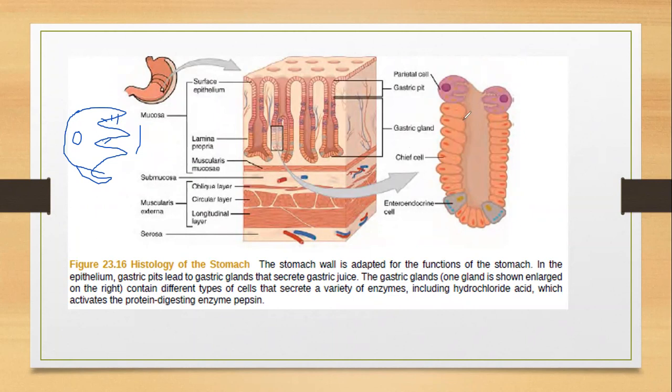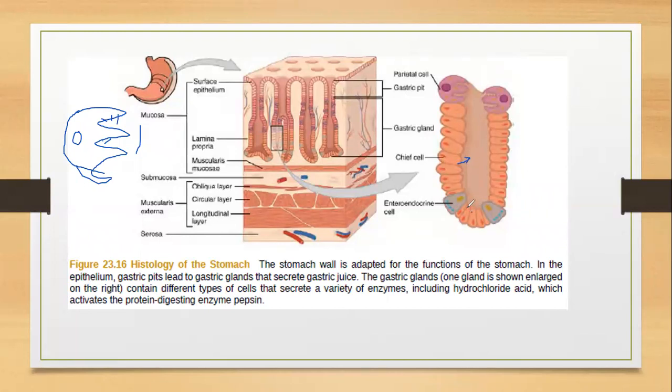These are the pepsinogen producing cells. Now, towards the bottom, we find again large shaped cells. These are the enteroendocrine cells. Now, when chief cells produce pepsinogen, they release it into the lumen.